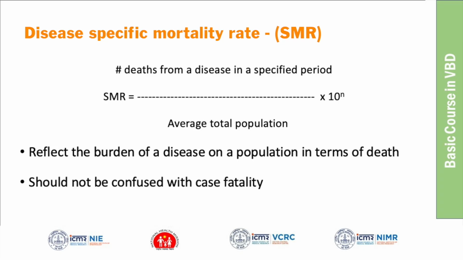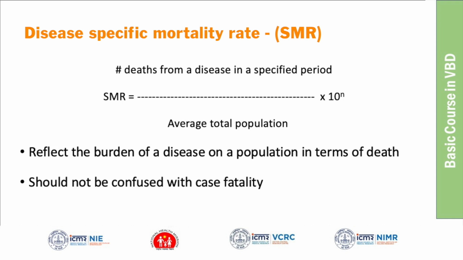For example, you know that much of the deaths in India, roughly about 50% to 60%, are because of non-communicable diseases. So non-communicable diseases are causing a larger fraction of deaths as compared to other causes of death. Burden of disease can be reflected upon when we are talking about disease-specific mortality rates.